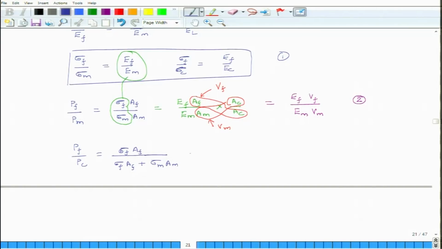Okay. Now, you divide the numerator and denominator by sigma m. So, you get sigma f by sigma m AF over sigma f by sigma m AF plus AM. Okay. What is sigma f by sigma m?